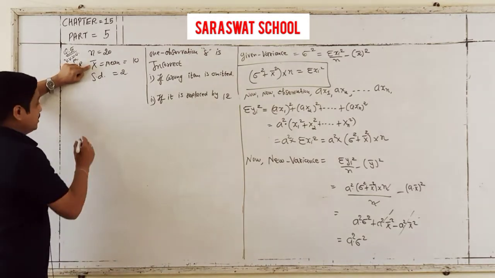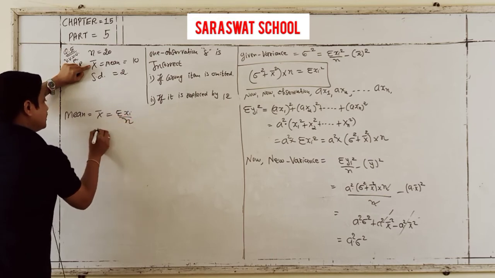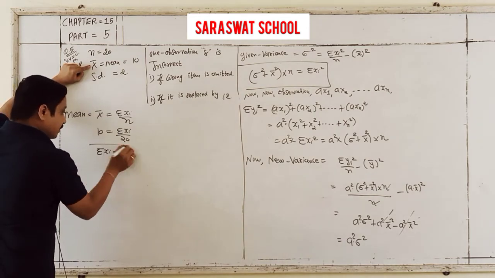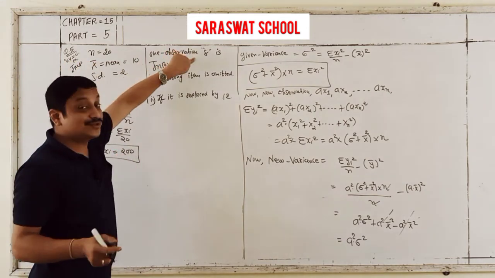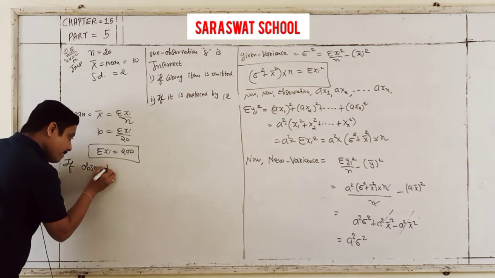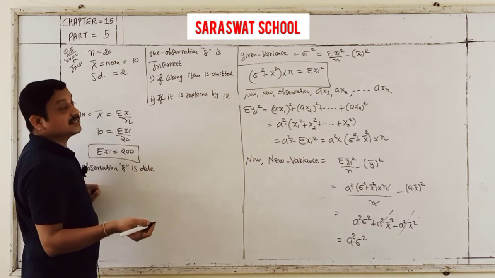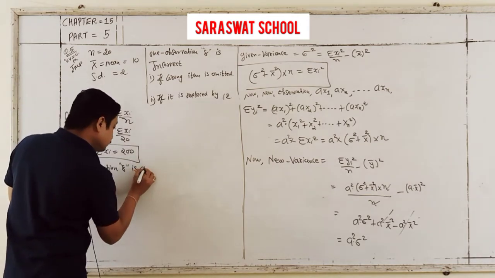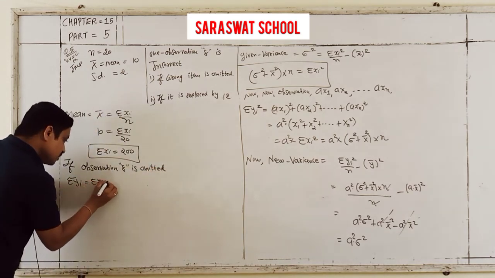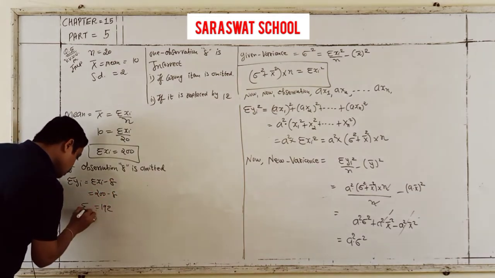First I start with the mean: sigma xi by n, and n becomes 20. So sigma xi you get 200. Read here, the wrong item, observation 8, is deleted. So if observation 8 is deleted, that is, omitted, students, sigma yi should be sigma xi minus 8, 200 minus 8, 192.